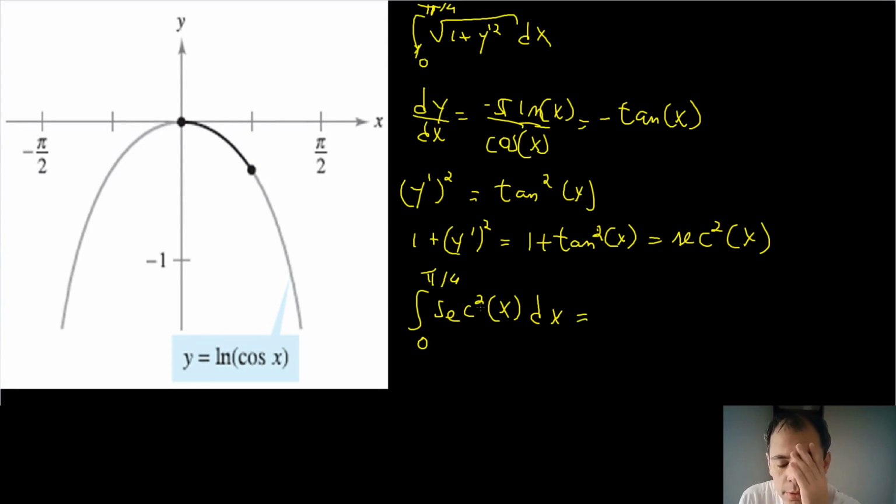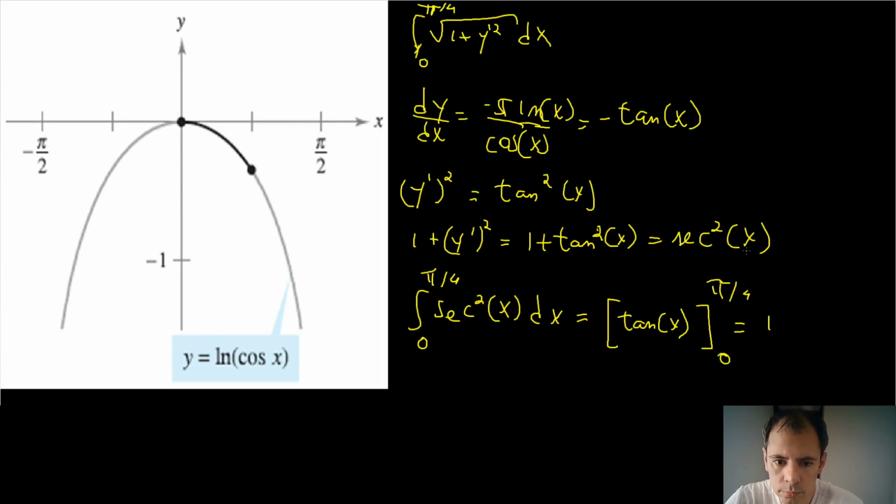The integral of secant squared of x is the tangent of x. So we're going to do tangent of x from 0 to pi divided by 4. The tangent of 0 is just 0. And the tangent of pi divided by 4 is 1.